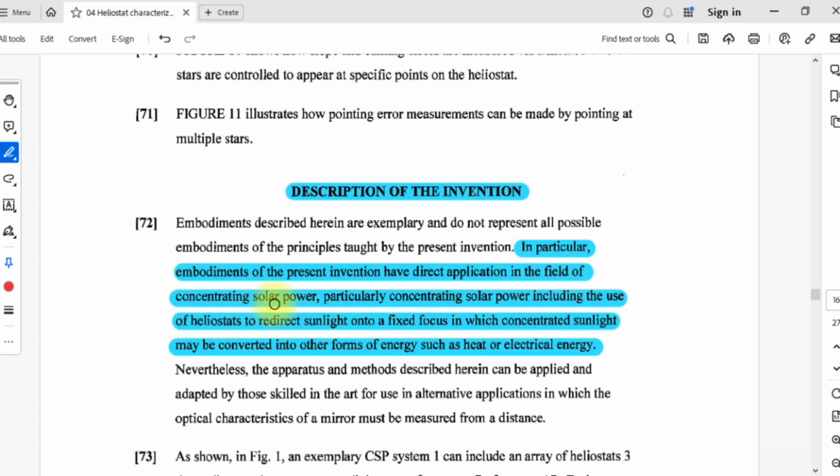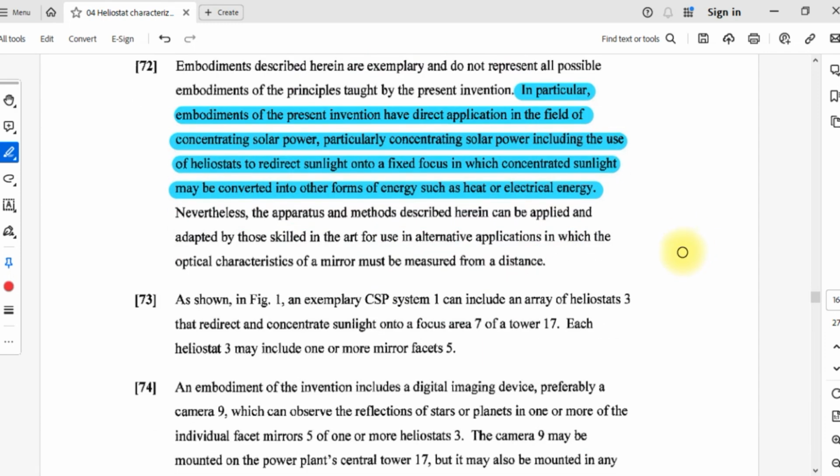field of concentrating solar power, including the use of heliostats to redirect sunlight onto a fixed focus, in which concentrated sunlight may be converted to other forms of energy such as heat or electrical energy. That's the invention, and it's a Google invention.